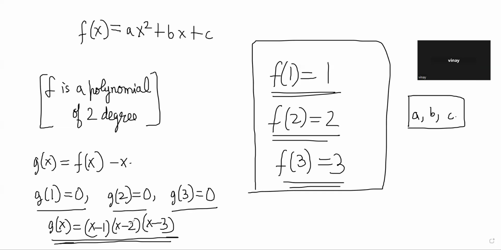A0, B1, C minus 1. Is that a polynomial of degree 2? No, sir. Are you able to form a quadratic which satisfies these three?